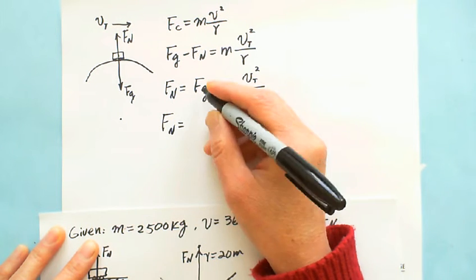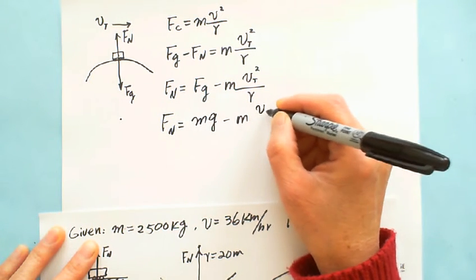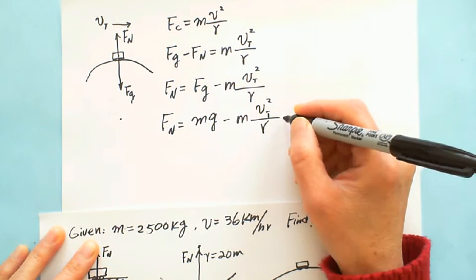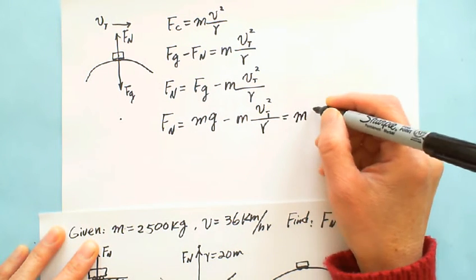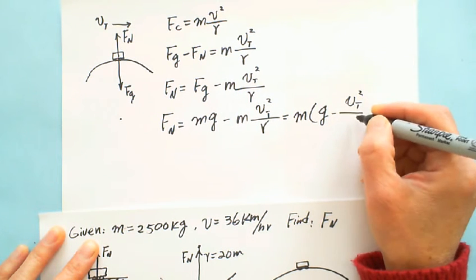We write mg minus m v squared over r, and pull out the common factor m. We have g minus v squared over r.